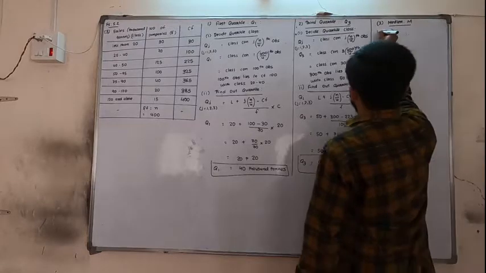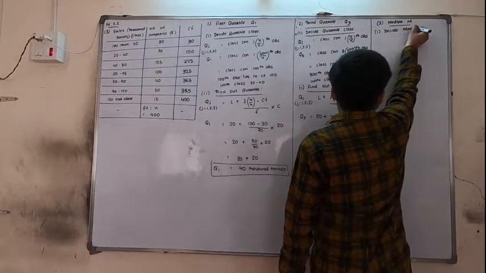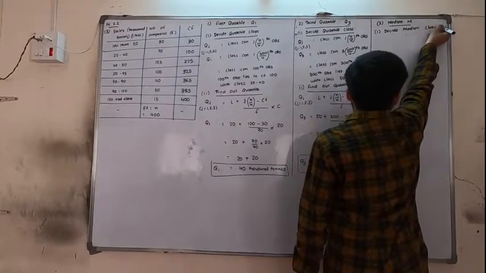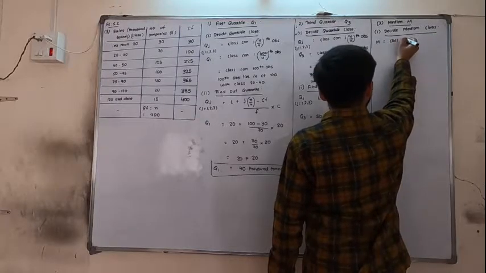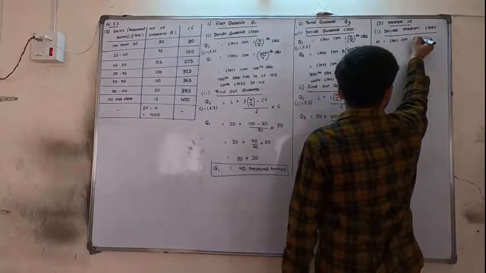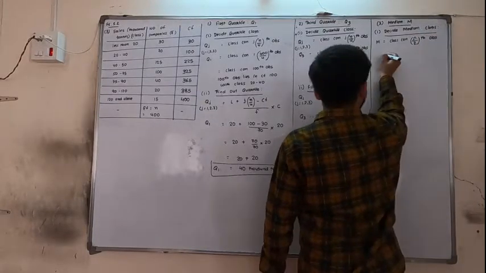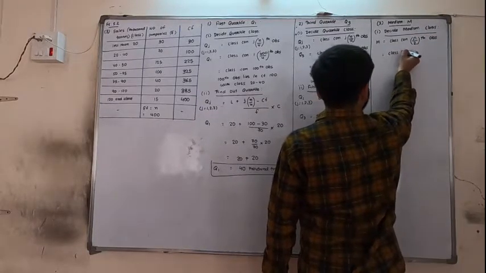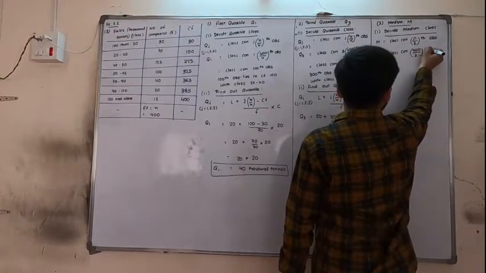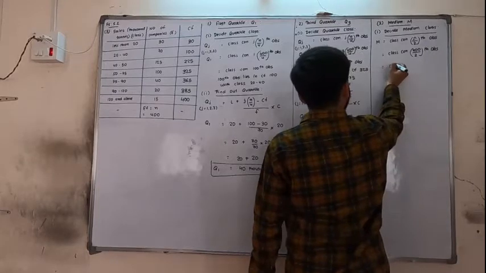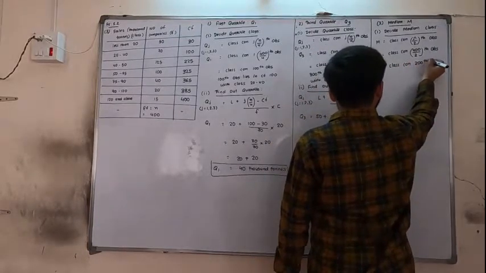And the last measure, that is the median M. First step, decide the median class. M is the class containing the N by 2th observation, so the class containing 400 by 2th observation, the class containing the 200th observation.